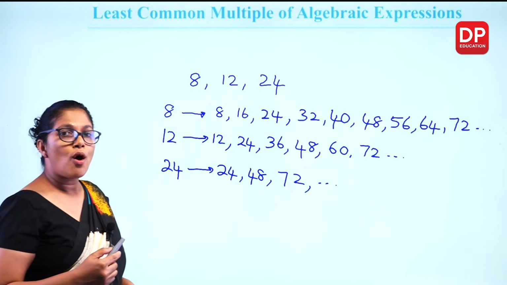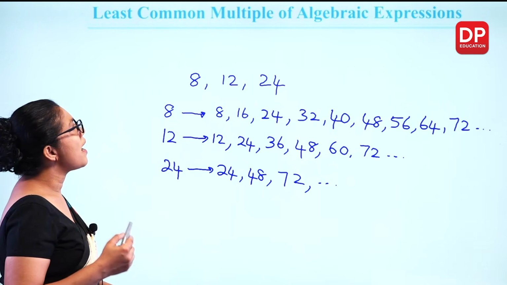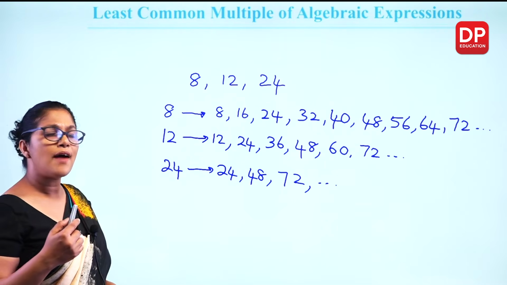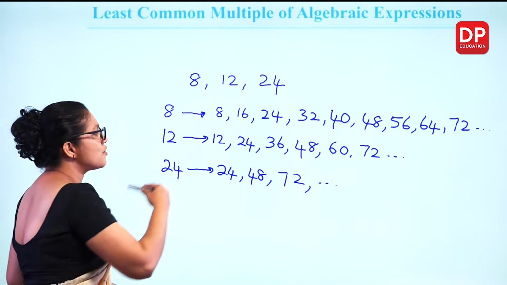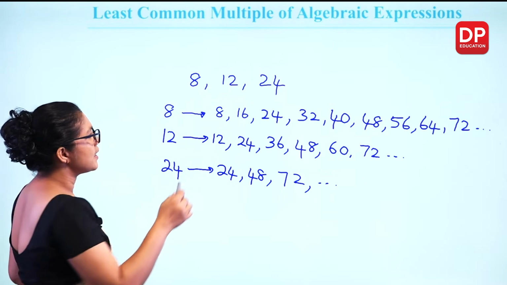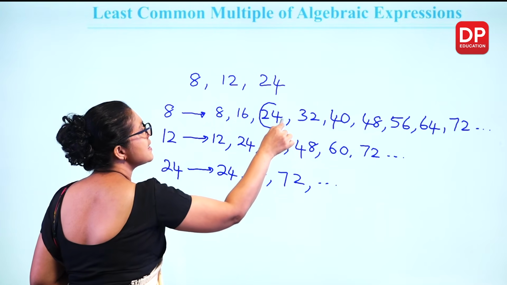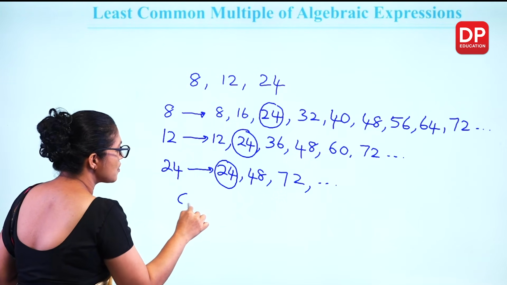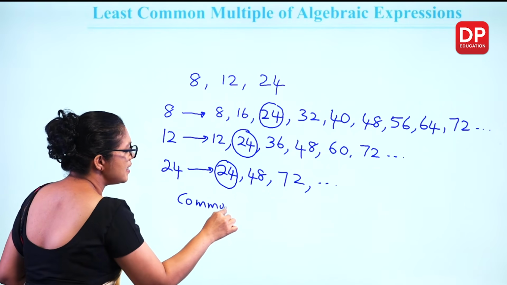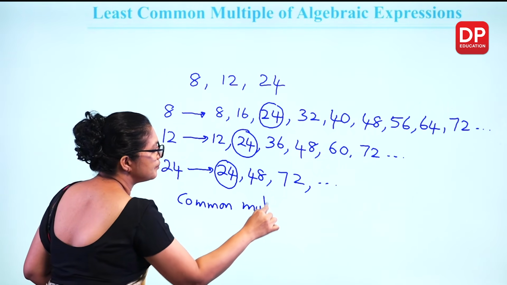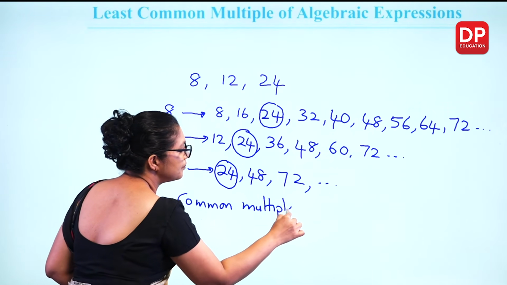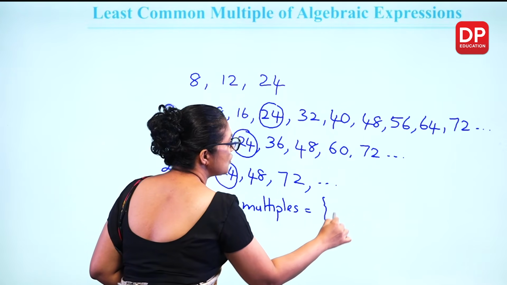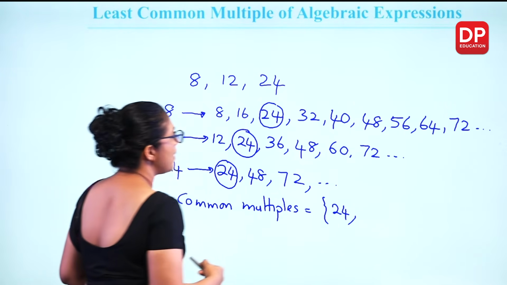And if I want the common multiples, what are the common multiples of these three numbers? I can see 24 is common. So I can write common multiples. 24 is one common multiple.